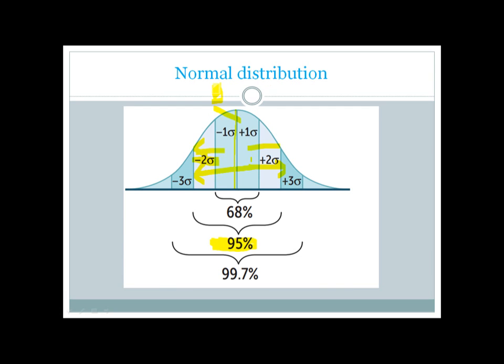As the mean is 5 and the standard deviation is 0.5, 2 standard deviations should be 1. So 2 standard deviations up from 5 is 5 plus 1, which is 6, and 2 standard deviations down from 5 is 5 minus 1, which is 4.